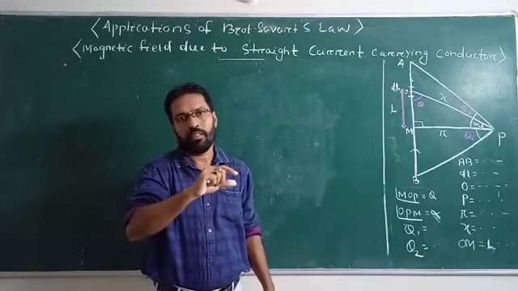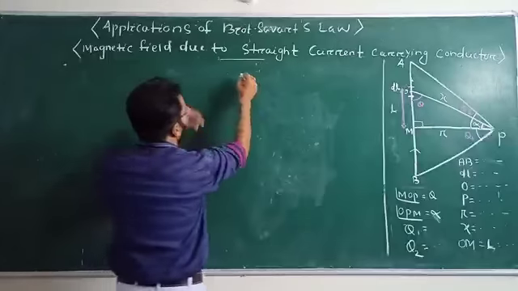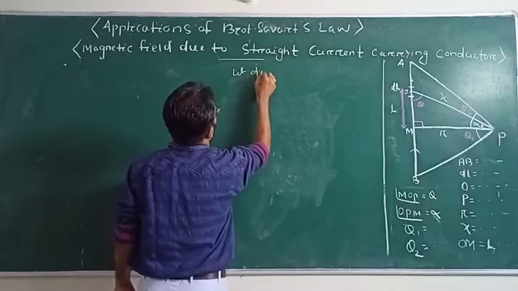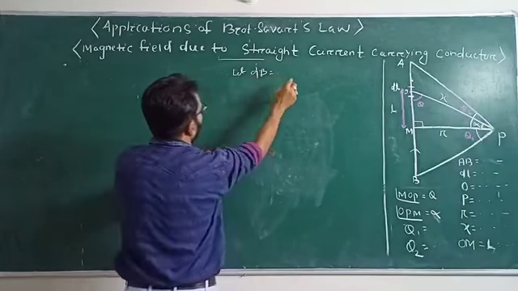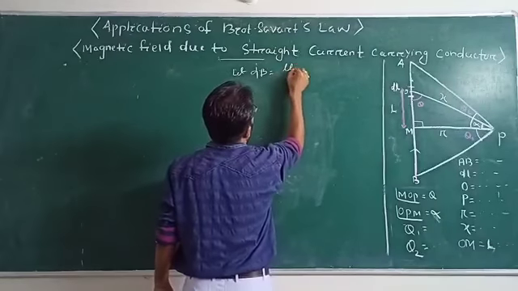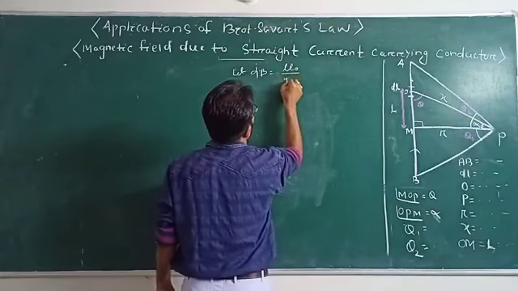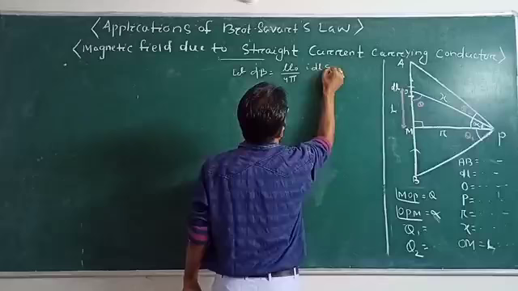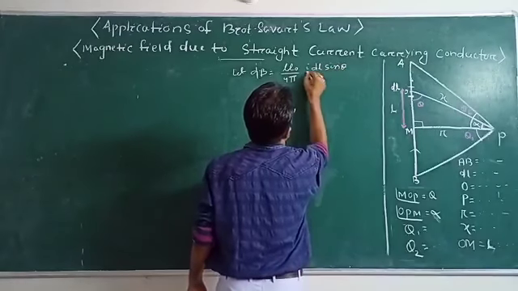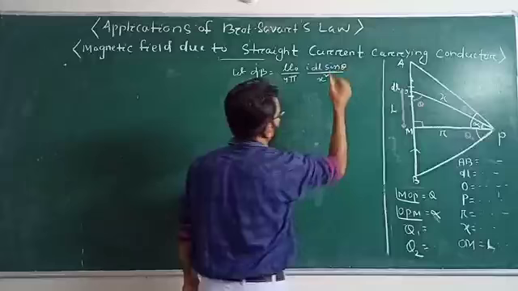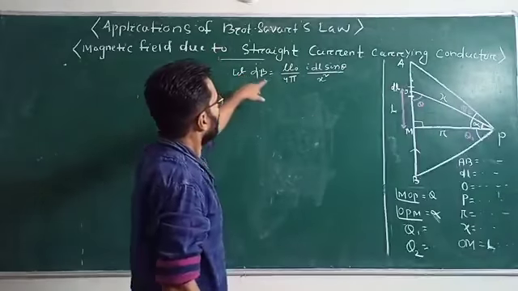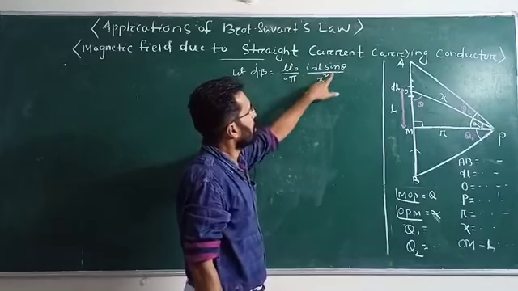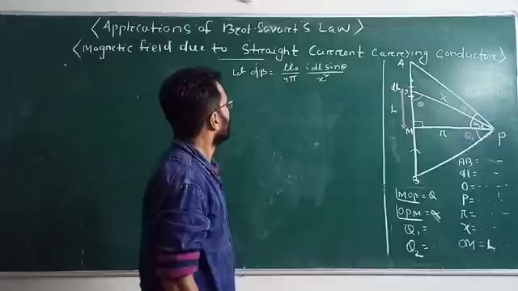So let dB is equal to, you know the formula, mu naught upon 4 pi I dl sin theta by x square.